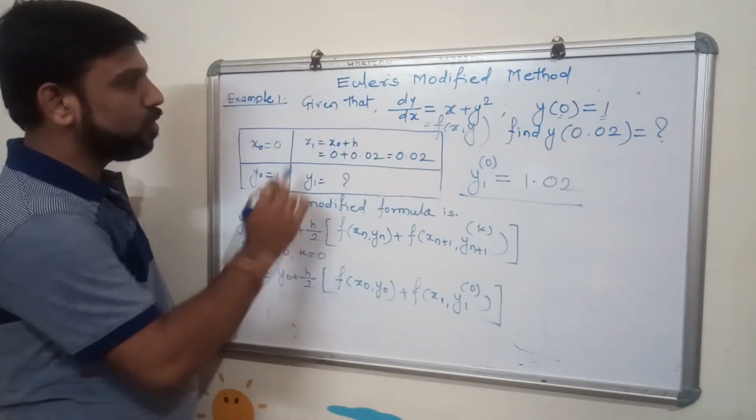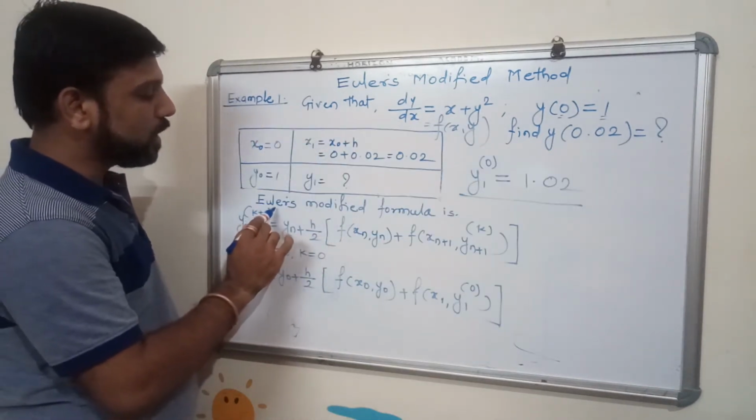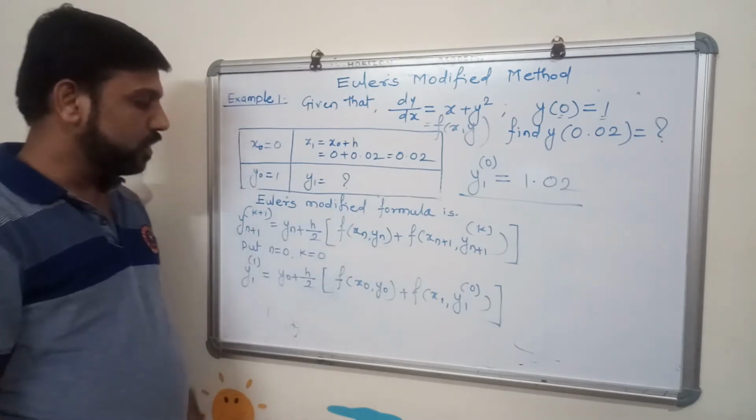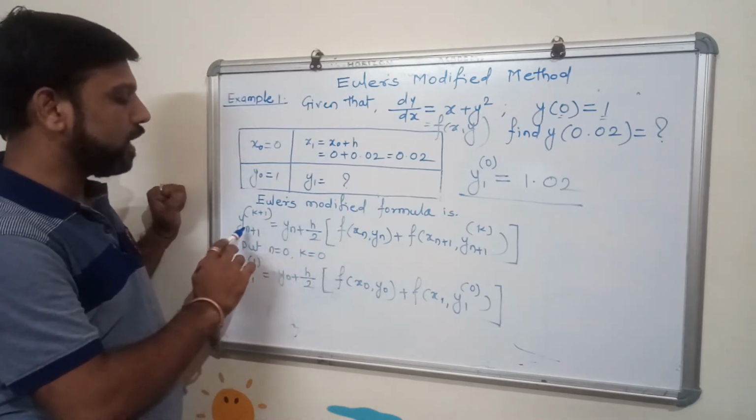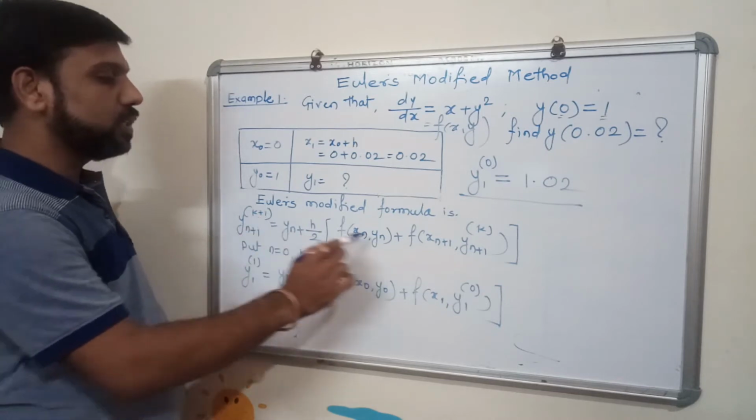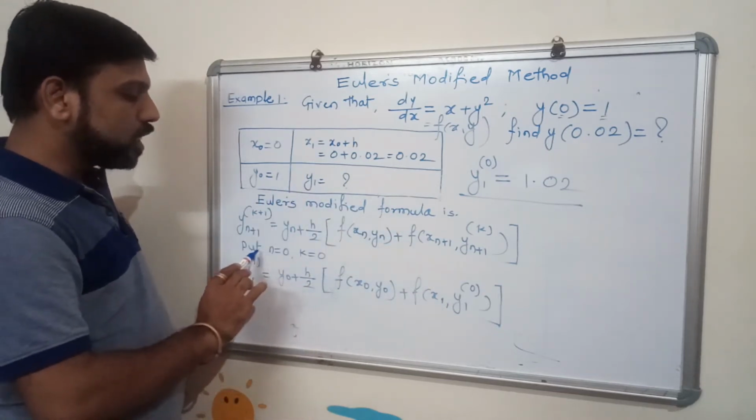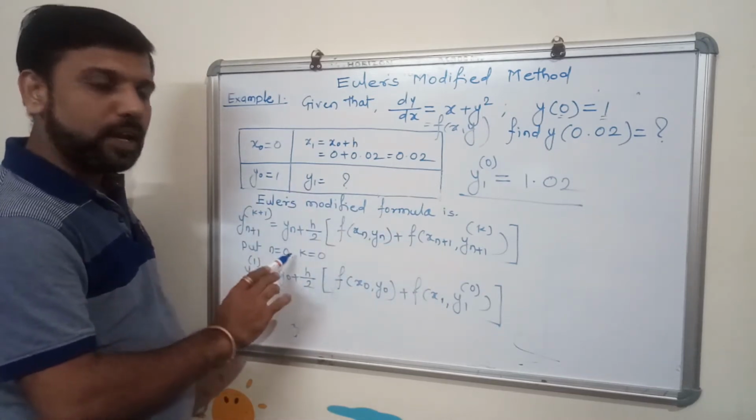Now the second part of this problem is to use Euler's modified formula. This formula we have written here: y_{n+1}^{(k+1)} equals this expression. Now in this formula substitute n equals 0, k equals 0.